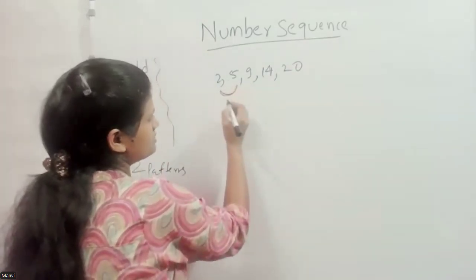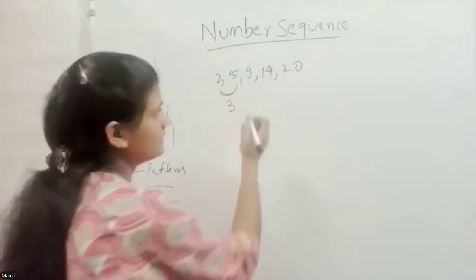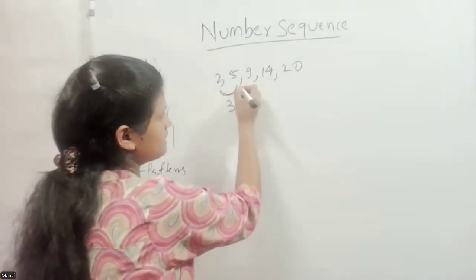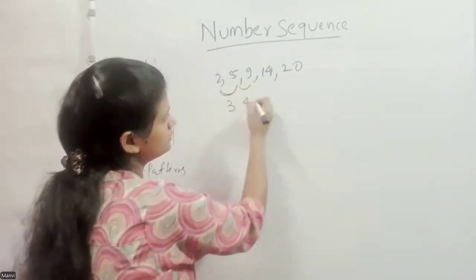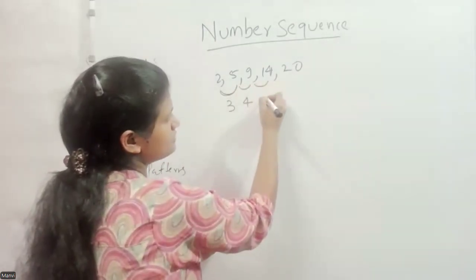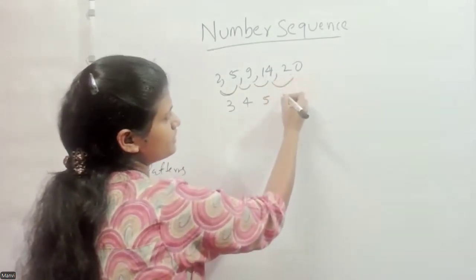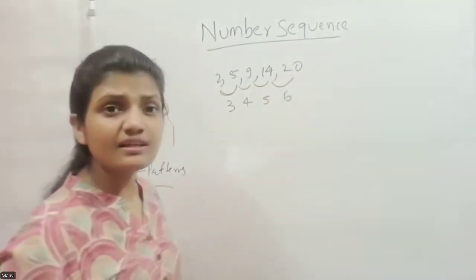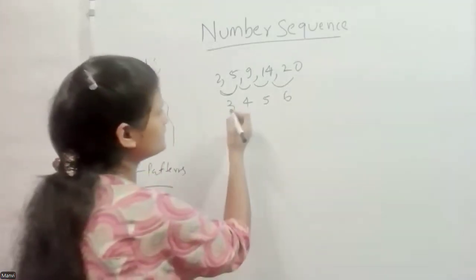Here 5 minus 2 is 3, right? And then 9 minus 5 is 4. 14 minus 9 is 5. And 20 minus 14 is 6.